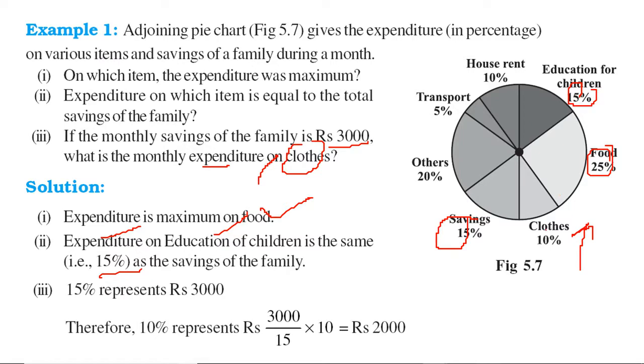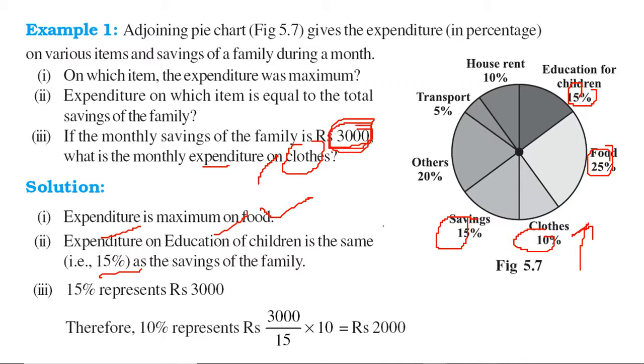This is 10%. So 10% of 3,000. But before that, it is given that the monthly saving of the family is 3,000.